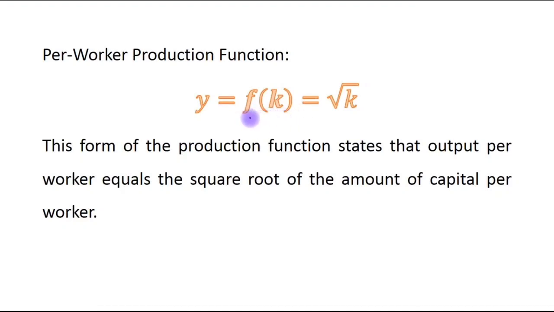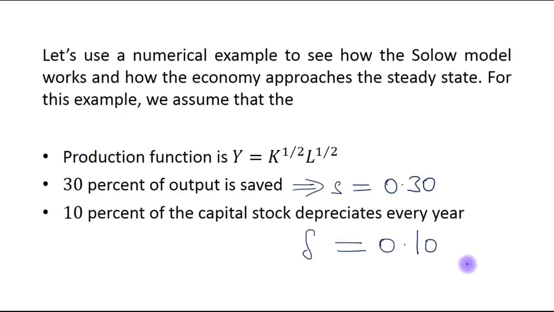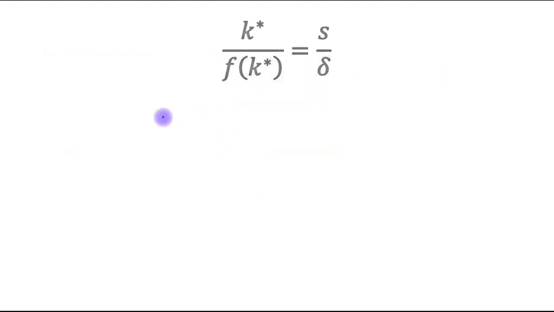So here we have f(k) equal to root k, f(k star) equal to root k star, and 30% of output saved, which means the saving rate equals 0.30. Given that 10% of the capital stock depreciates every year, the depreciation rate delta is equal to 0.10.